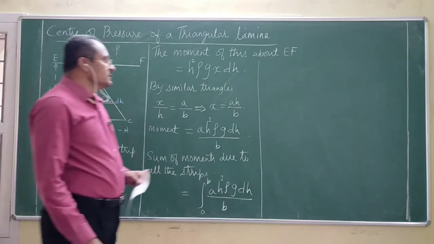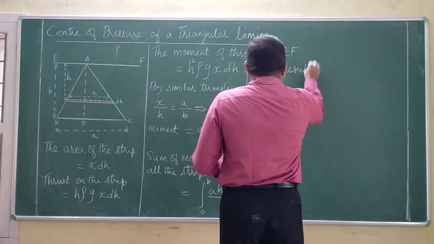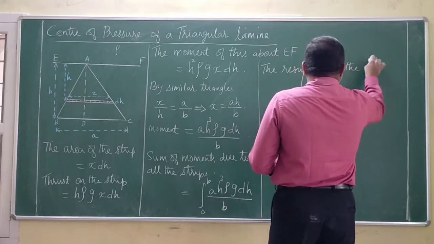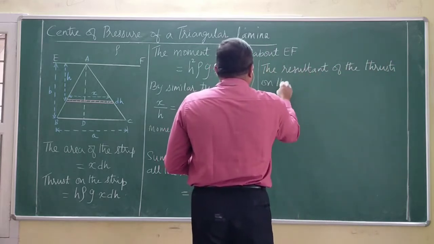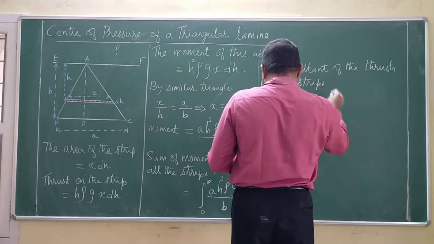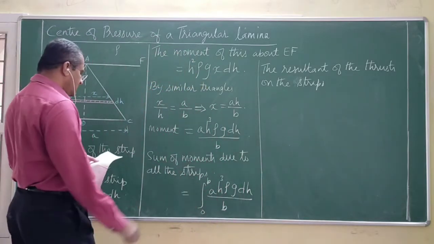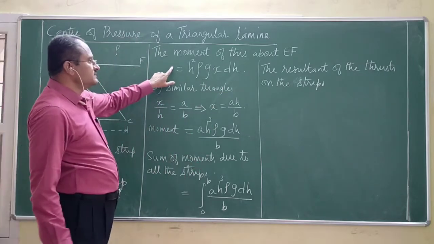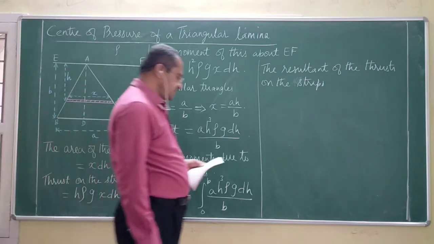Fine. Then, the resultant of the thrust on all the strips. This is the moment about EF. We want to find out the resultant thrust of all strips.